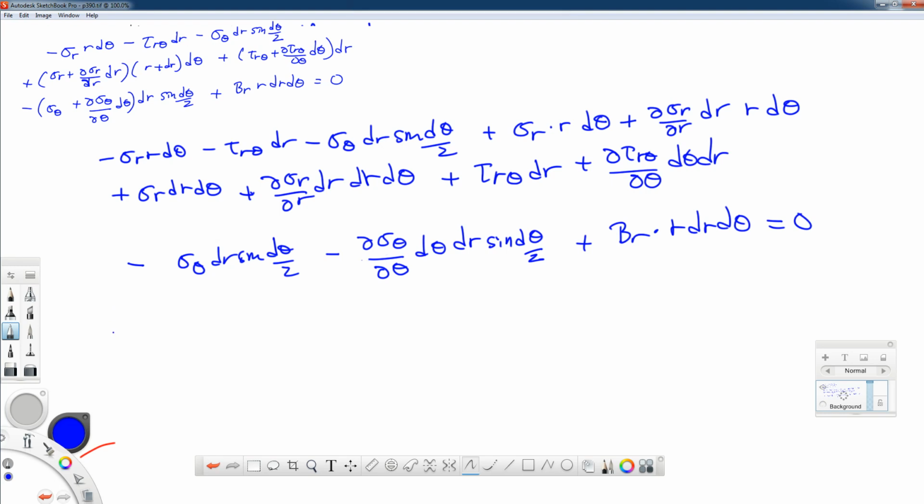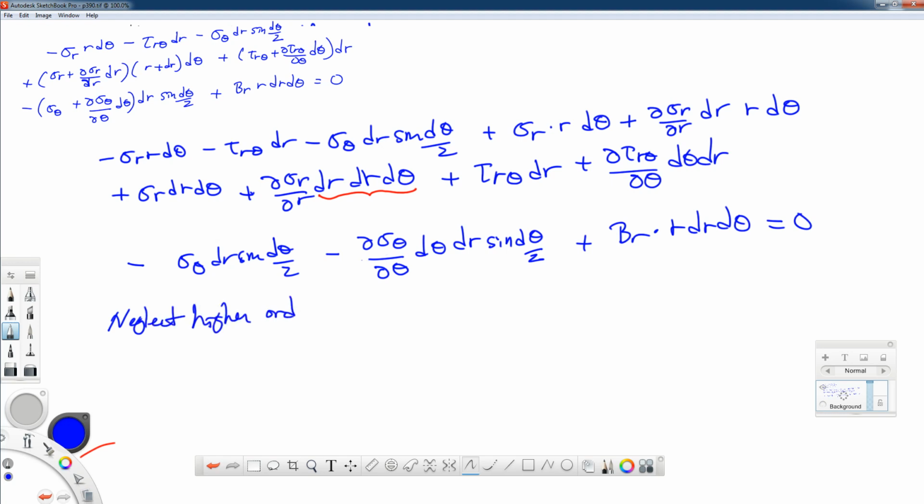Now we're going to do a couple things here. If you notice, we have several terms that look like a dr d theta, and those are third order infinitesimal terms. We can neglect those. So we're going to neglect higher order terms.